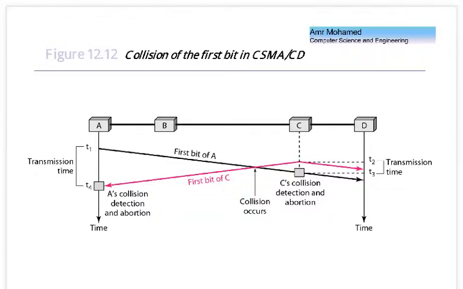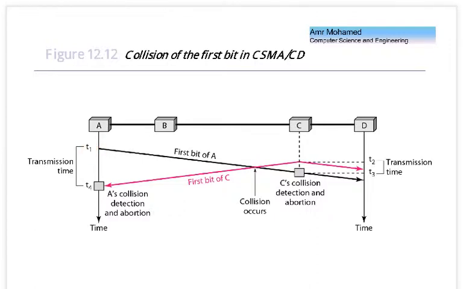Based on that, we talked about the space-time diagram before, and this space-time diagram shows when the collision happens. So if node A wants to transmit on the medium at time t1, it senses, using one of the persistence policies, whether one-persistence, non-persistence or p-persistence, and finds that the channel is idle.